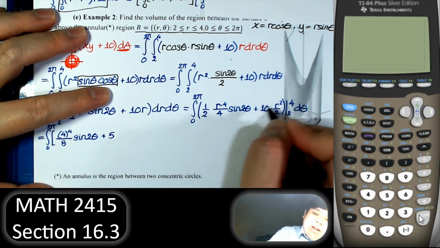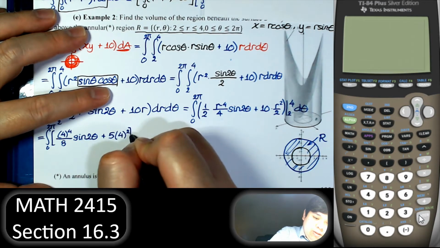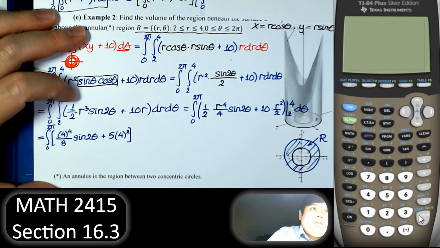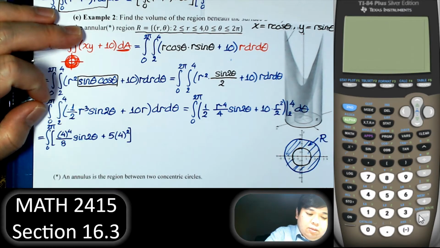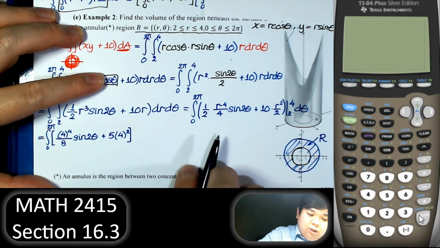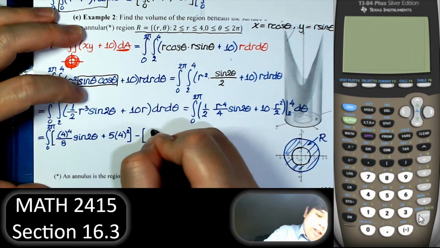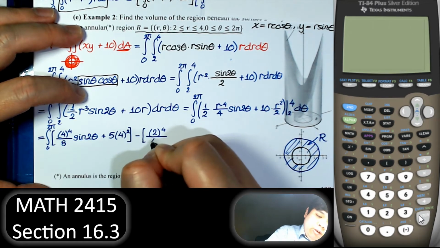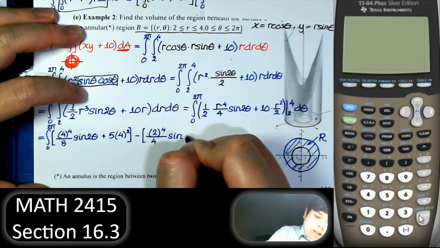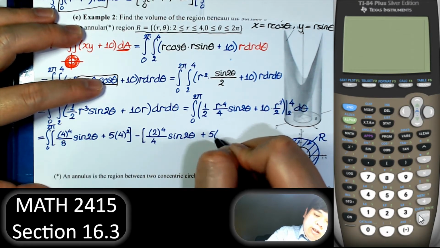r squared, which is 4 squared. And then subtract. Now we're going to put 2 in for it. 2 to the 4th over 8 sine of 2 theta plus 5 times 2 squared.